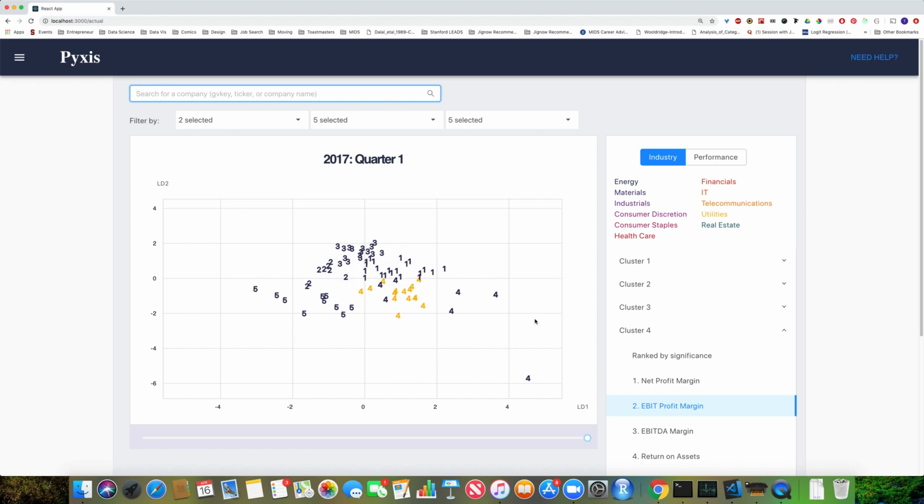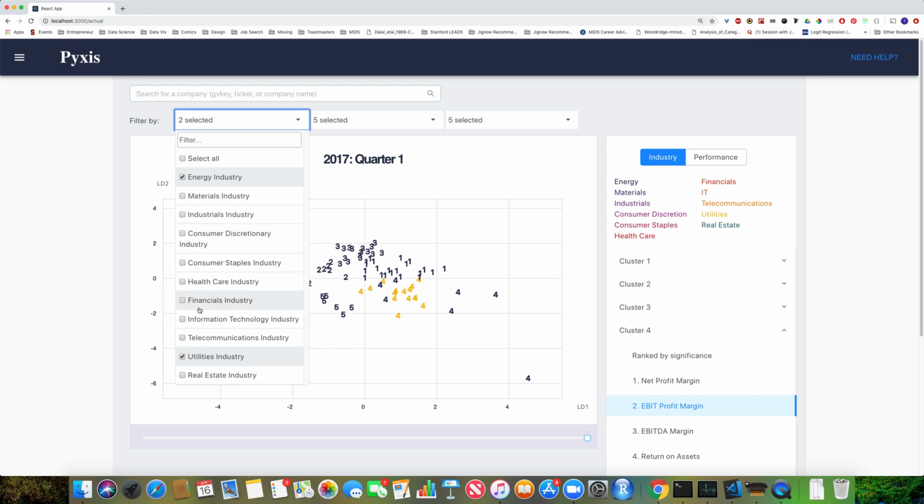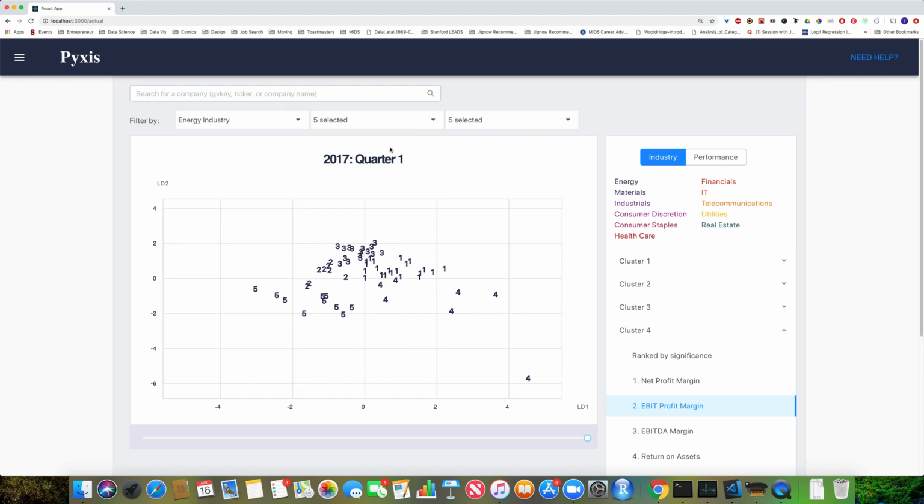It's very widespread. And because of this, I want to focus more of the effort on the energy industry. So let's just focus on the energy industry instead of the utilities. And now that saves you time for research between the different industries.